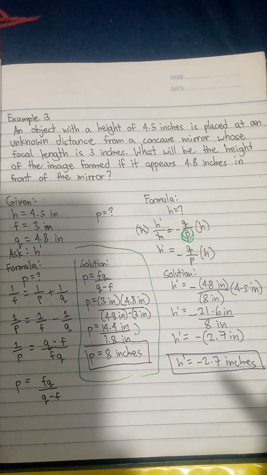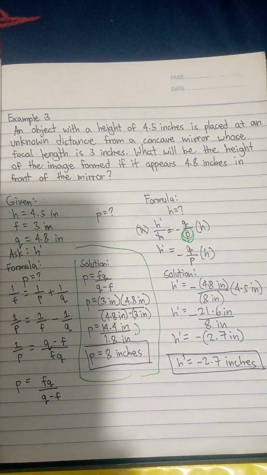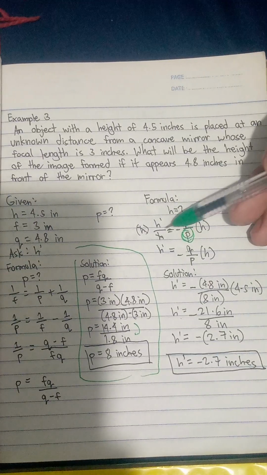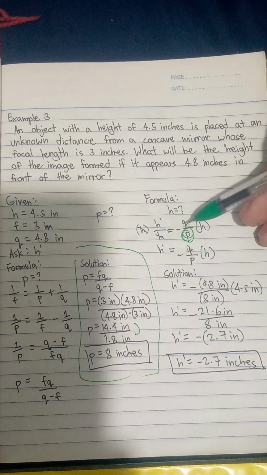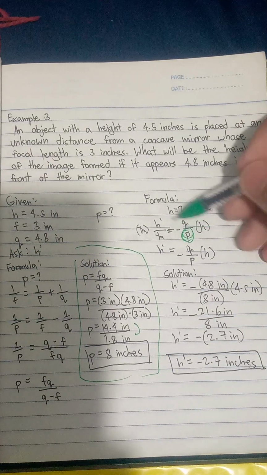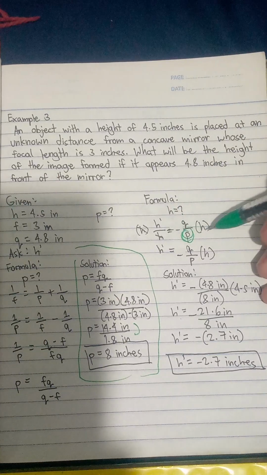Now that we have p, let us solve for what is asked, which is h apostrophe, and we're going to use the magnification equation and derive it so that we isolate h apostrophe. Now we don't need to take the reciprocal because h apostrophe is already in the numerator, and we can transpose the h to the other side.